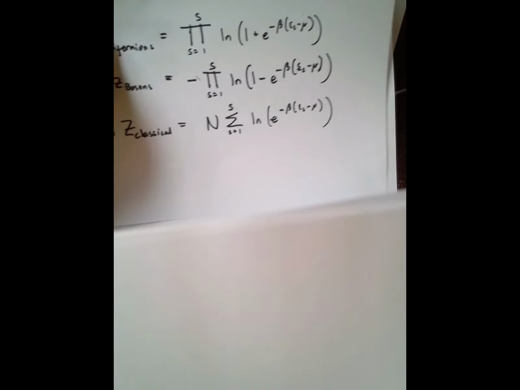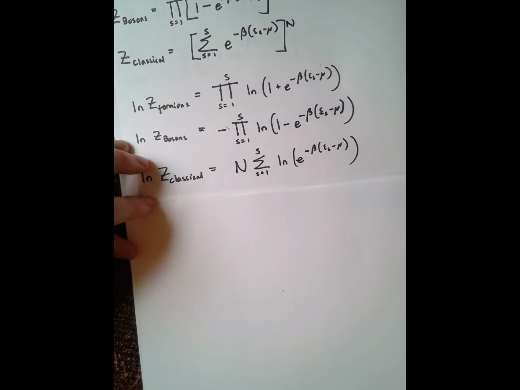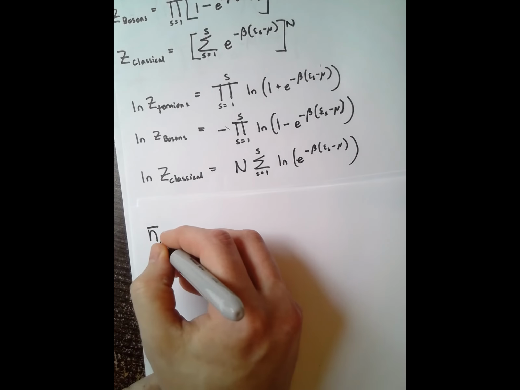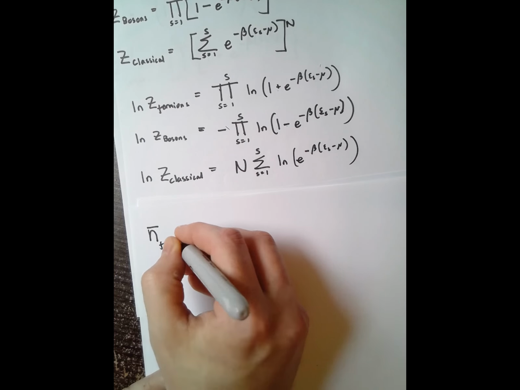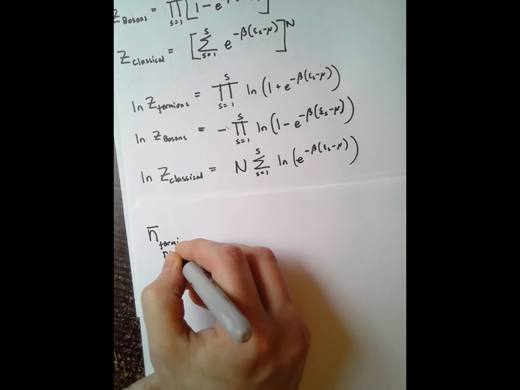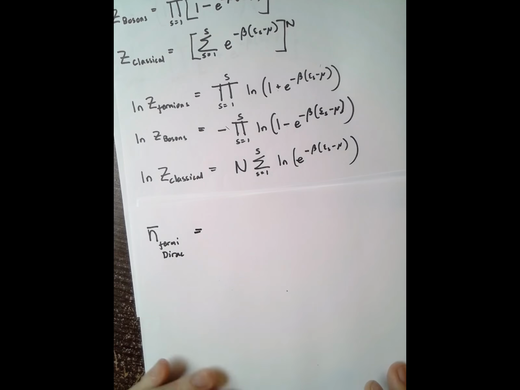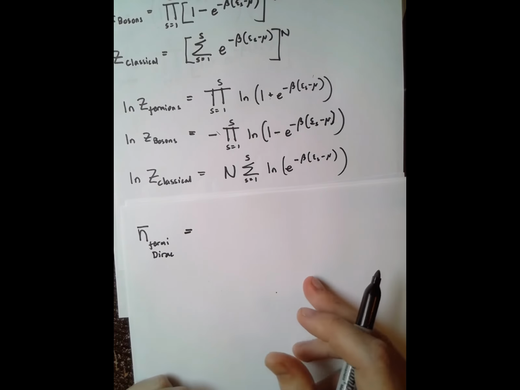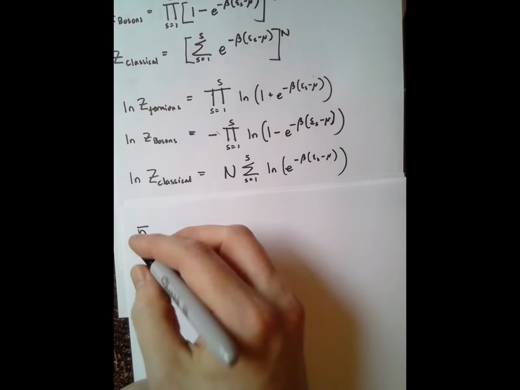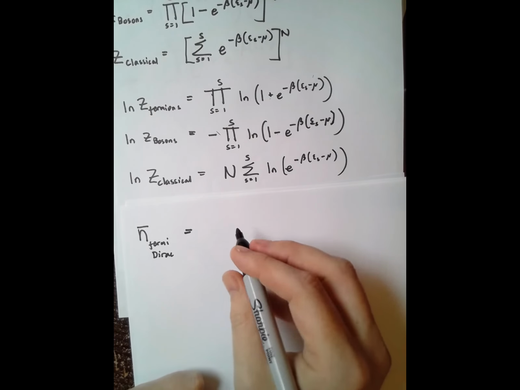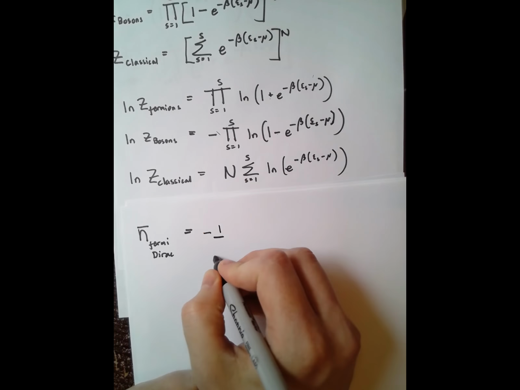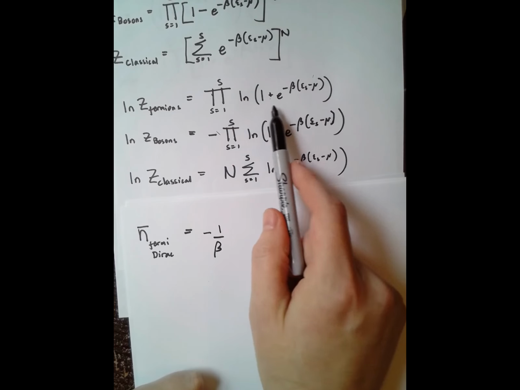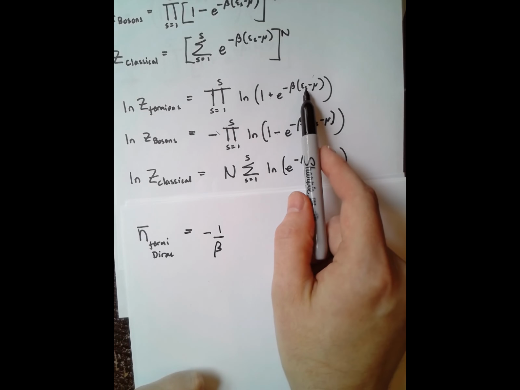Okay, so the distribution function for fermions, and this is called the Fermi-Dirac distribution function. Since Dirac lent a hand, is going to be minus 1 over beta. And then we need to differentiate this with respect to epsilon sigma.